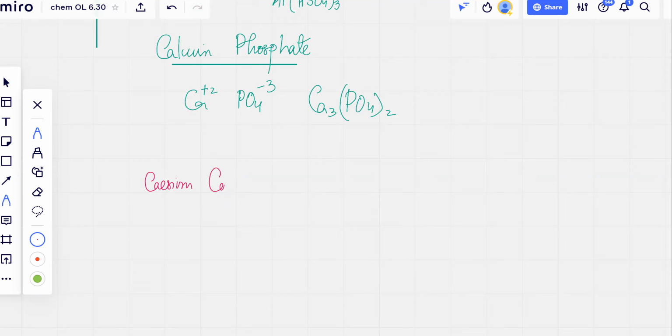So cesium carbonate, that's 1. Send me all the formulas on WhatsApp.